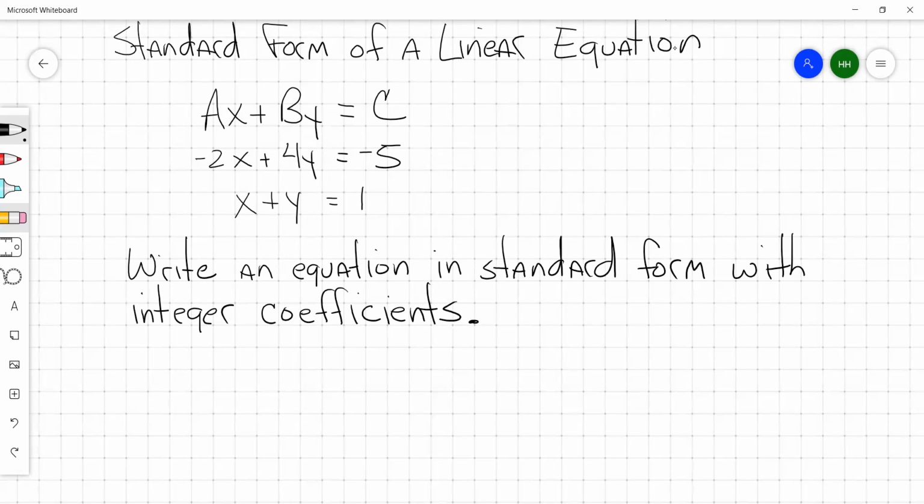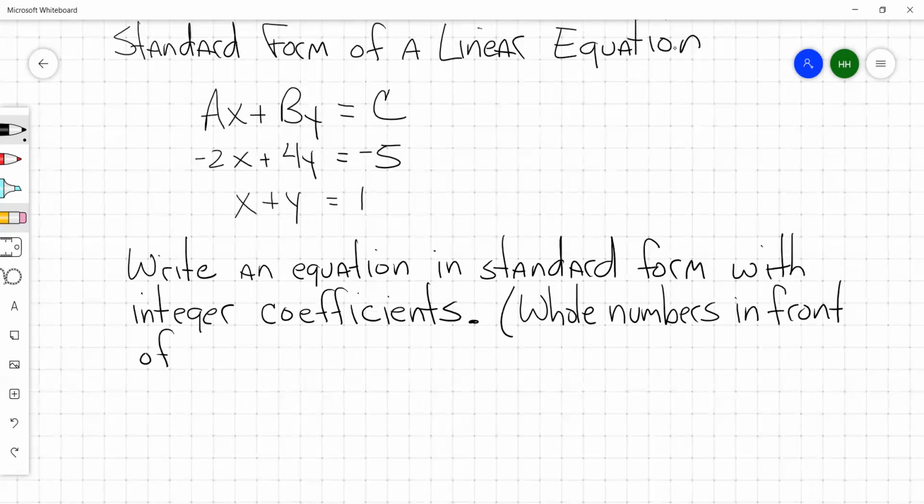What integer coefficients means is whole numbers in front of the x and y. You have to have whole numbers in front of the x and the y.